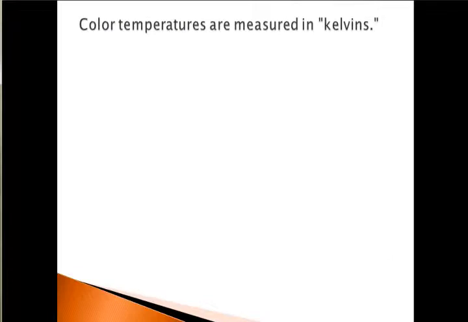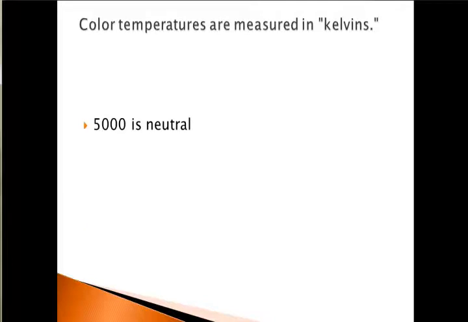Color temperatures are measured in kelvins, though. When you're talking about color temperatures in your camera, you're not going to be talking about the RGB. You're going to be talking about kelvins.